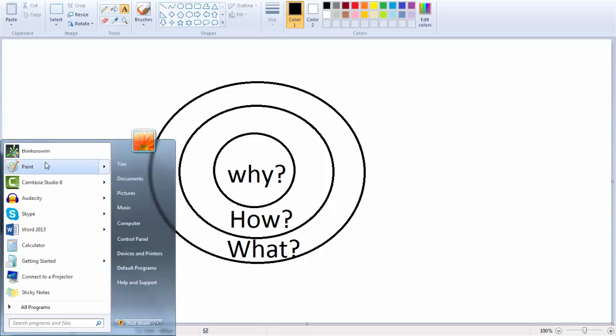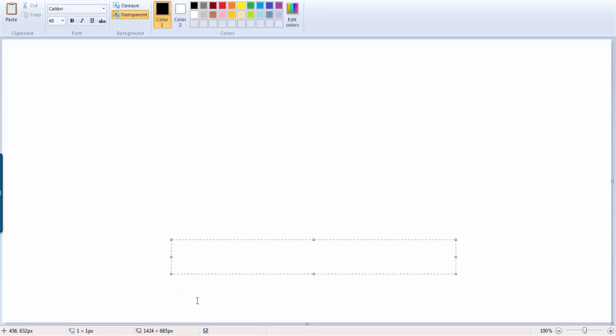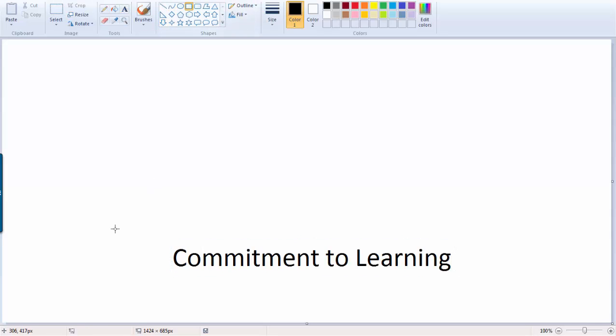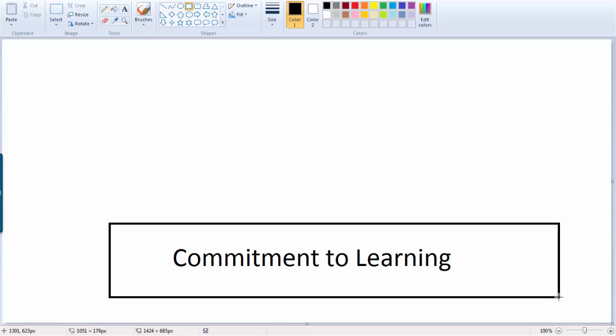There's a general process that we go through, and we'll probably do some more stuff on this. One of them is you have to have a commitment to learning. That is going to be your foundation as you go through your education. If you don't have a commitment to learning as your bedrock, then you're going to have a hard time.